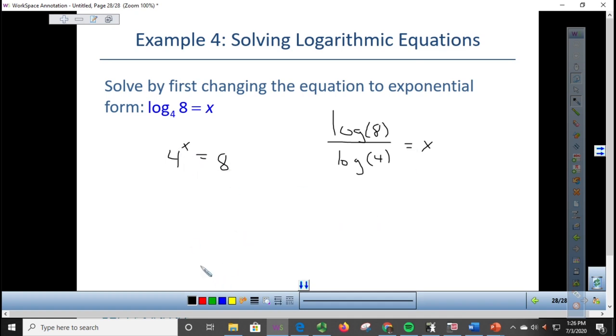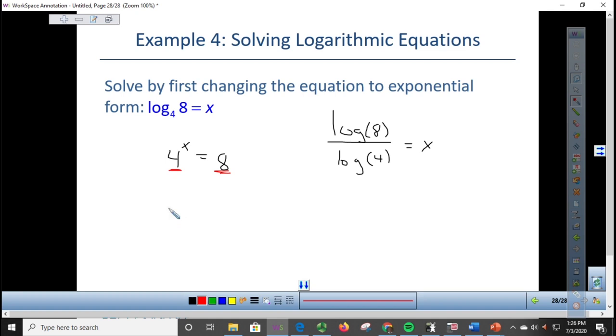Or I can say, well, I can't get 8 to a base of 4 and raise that to a power and still get 8, at least not with whole numbers. But I can manipulate my 4 to a power of 2 and still get 4, and I can manipulate my 8 to a power of 2 and still get 8. So 2 to the what power is 4?